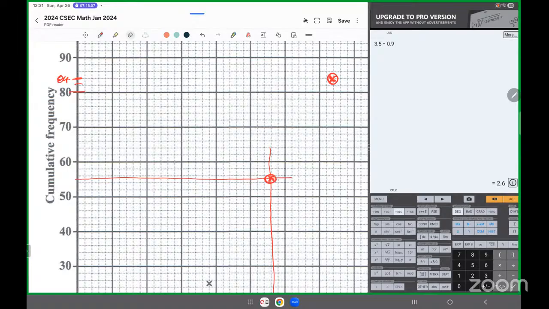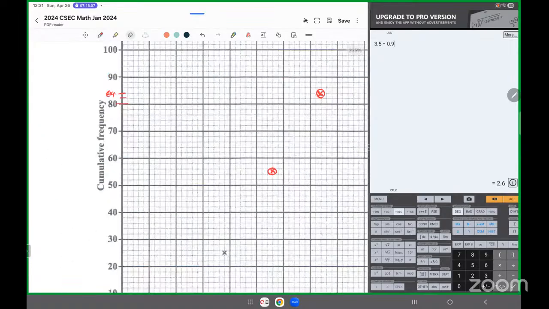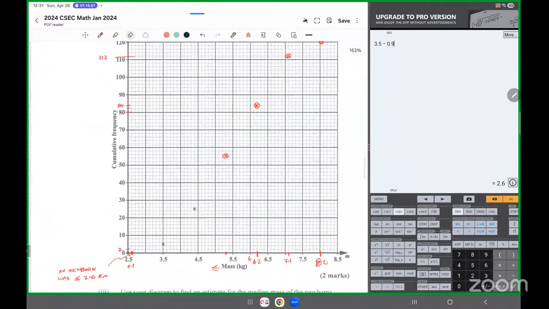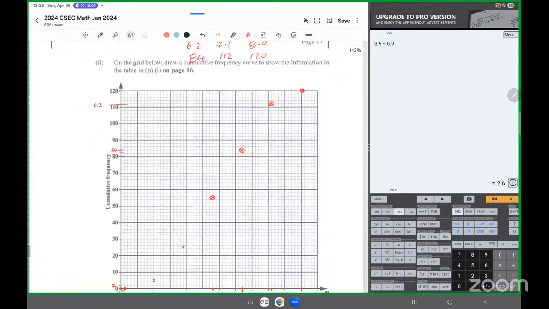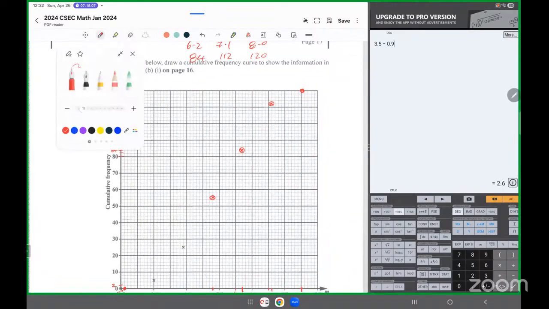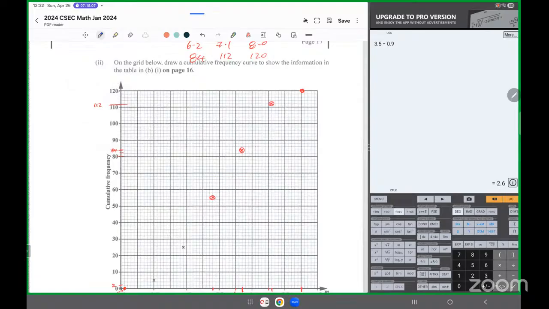All right, thanks for that. I was counting the points. Seeing that gap looks wide, but anyway, that is it. So we're going to draw the curve. We're going to draw a smooth curve through those points. That's it.